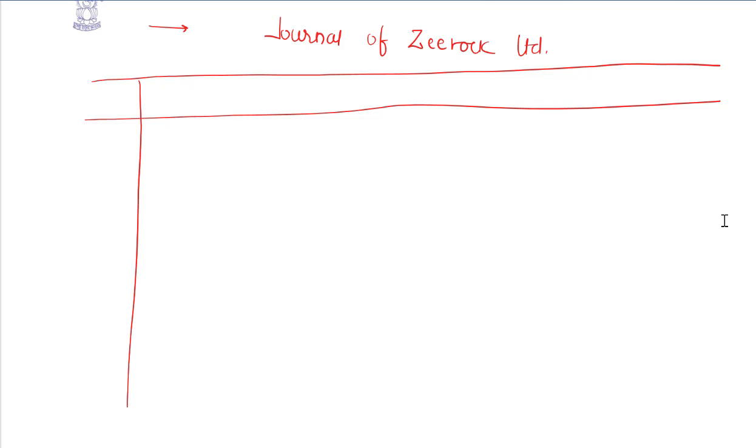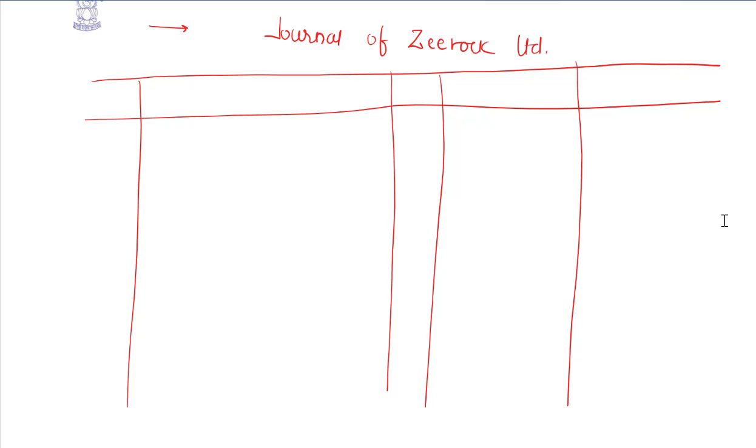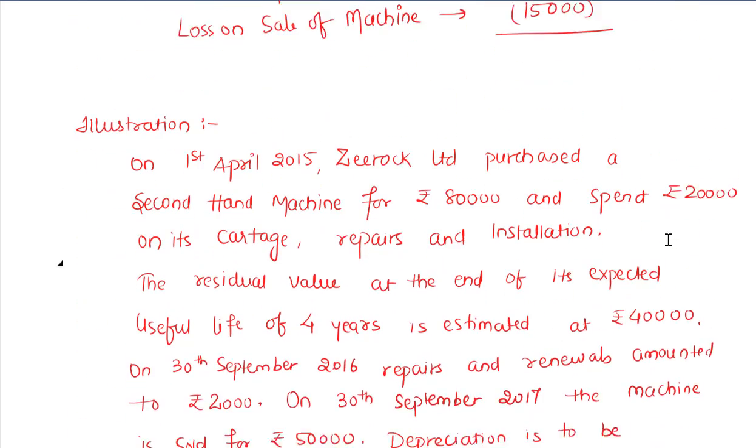Date, particulars, ledger folio LF, debit amount that is rupee, and credit amount that is rupee. Understood? Let us journalize the question.